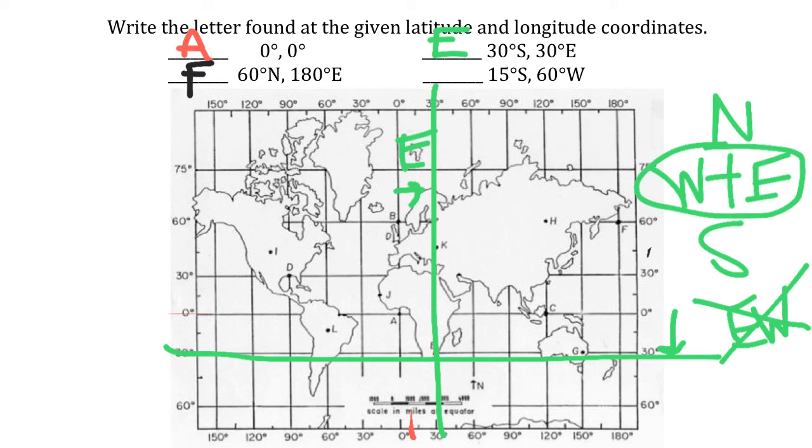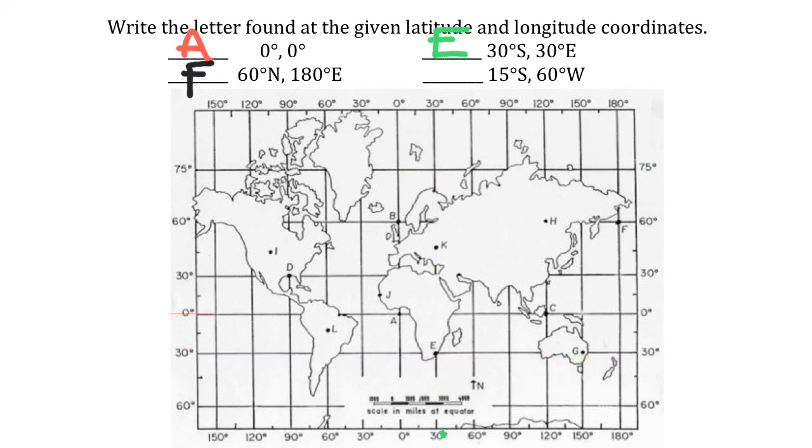All right, let's try the last one. 15 degrees south, 60 degrees west. And for that one, you should have gotten point L. So 15 degrees south, you can see, is halfway between 0 degrees and 30 degrees.